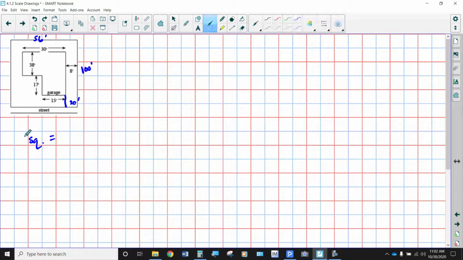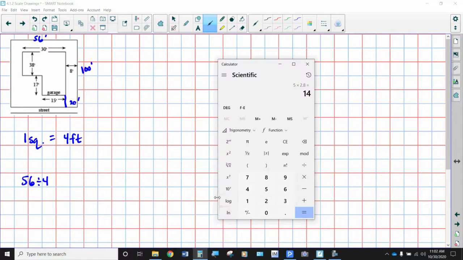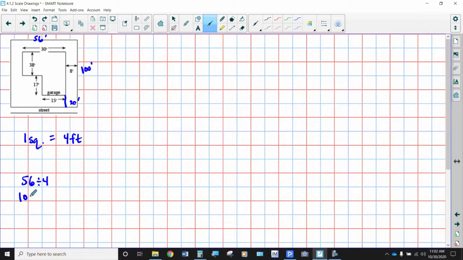Maybe let's reverse those. Let's say that 1 square is the same as 4 feet, right? So that means, what is 56 divided by 4? I'm going to use my calculator to figure this out. 56 divided by 4 is 14. Okay, and 100 divided by 4, I know that is 25.